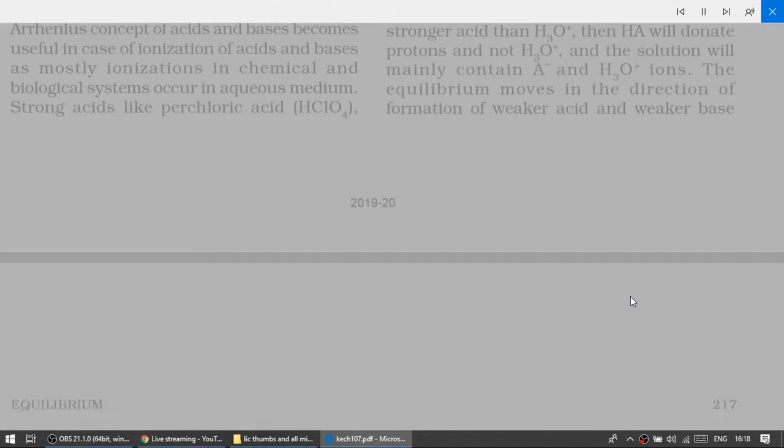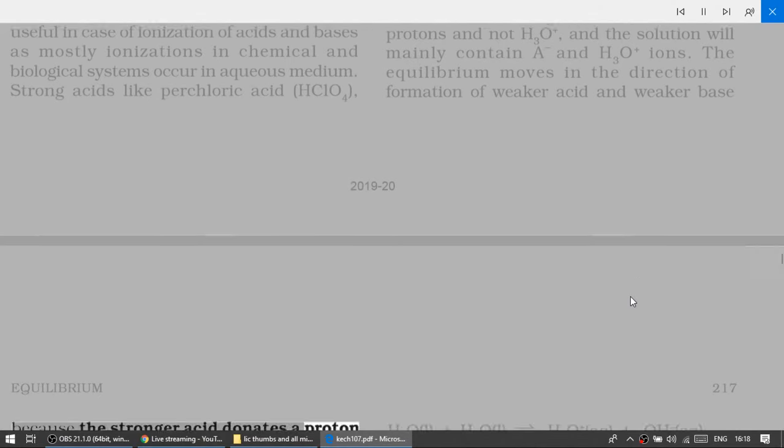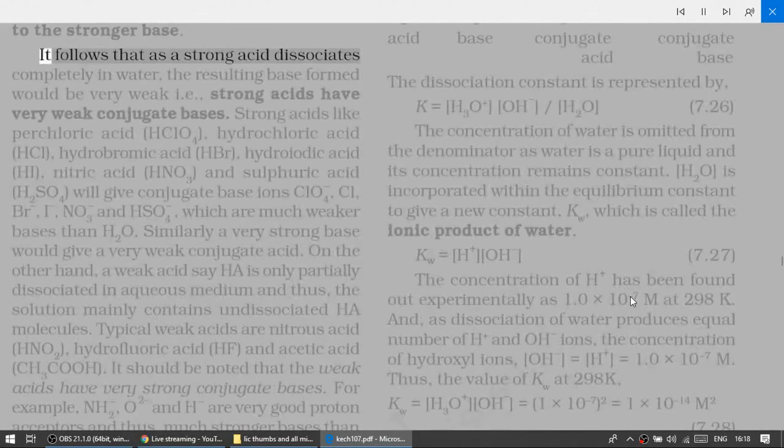because the stronger acid donates a proton to the stronger base. It follows that as a strong acid dissociates completely in water, the resulting base formed would be very weak, i.e., strong acids have very weak conjugate bases.